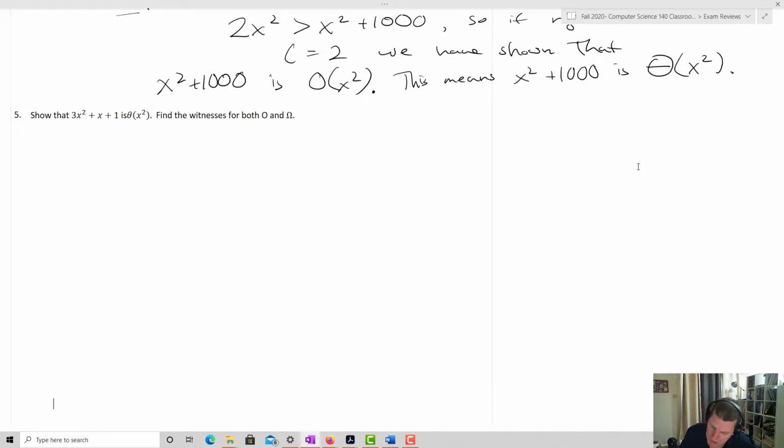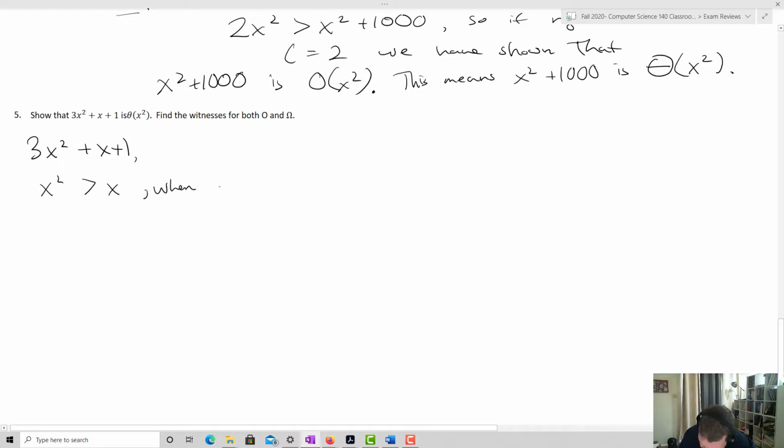Okay, so now we're going to take 3x squared plus x plus 1, and I'm going to make some arguments here. First, x squared is greater than or equal to x when x is greater than or equal to 1.